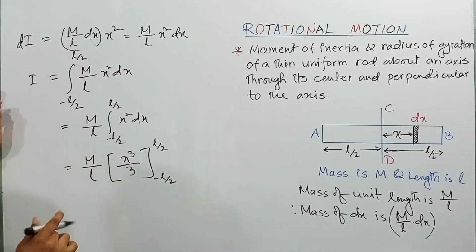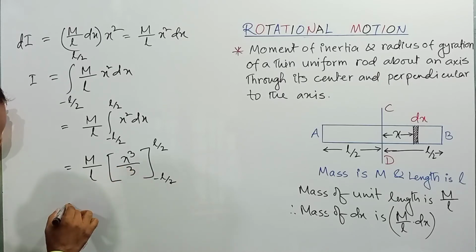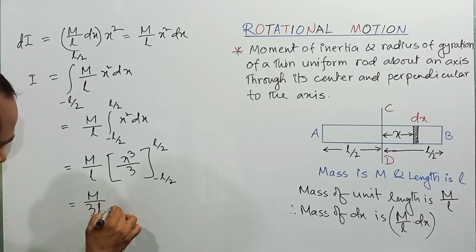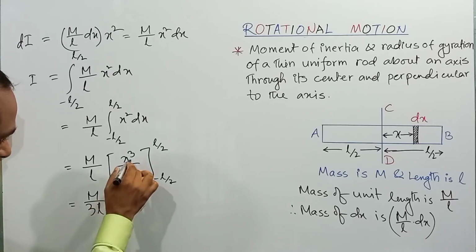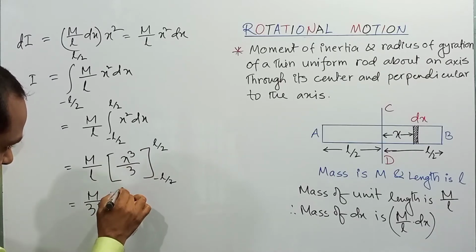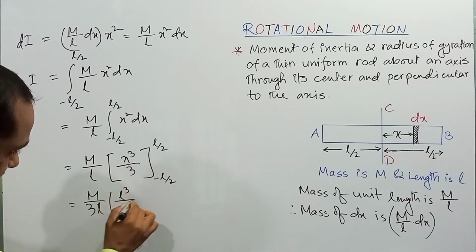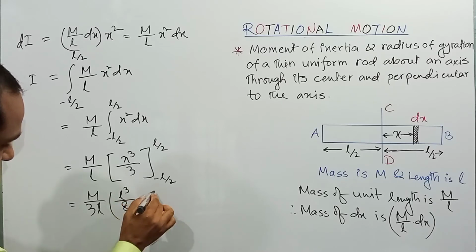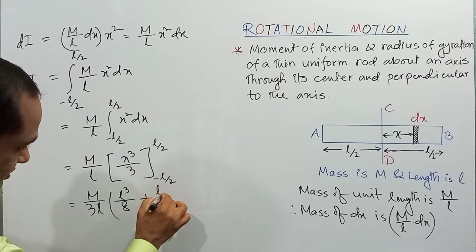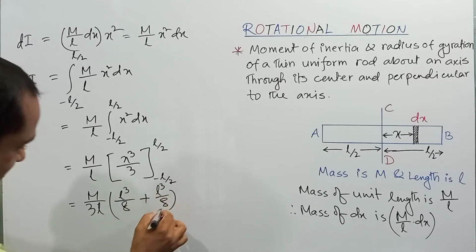Using the limits in the expression, 3 is a constant quantity, so we can write M by 3L into, x replaced by L by 2, L cube by 8 minus minus L cube by 8, and it will be plus, so L cube by 8.